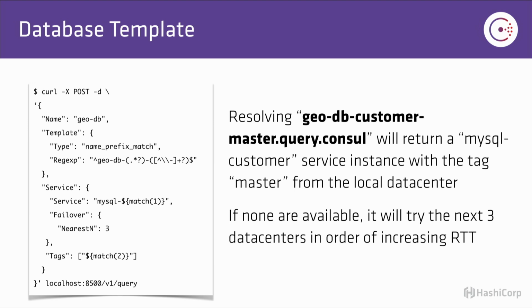So the summary of what that query definition does is if you look up something like GeoDB customer master, it'll look for a service called MySQL-customer. So that's like your database name with the master tag on it, and give me that. And same thing, nearest N3, it'll fail over, it'll just do it.